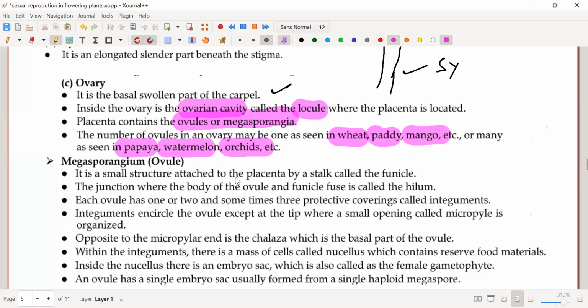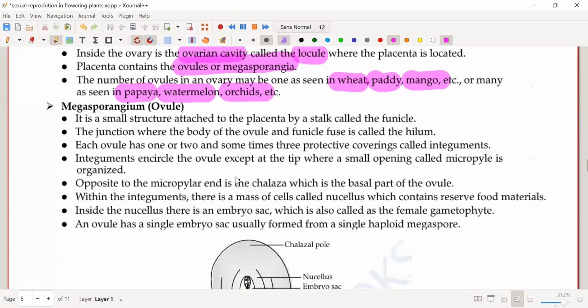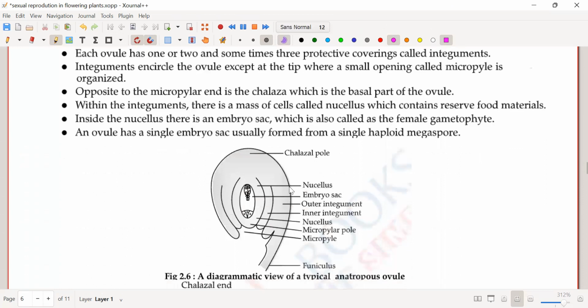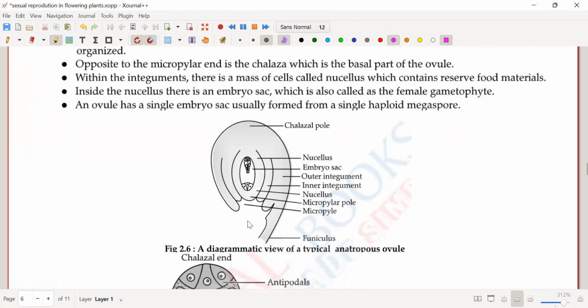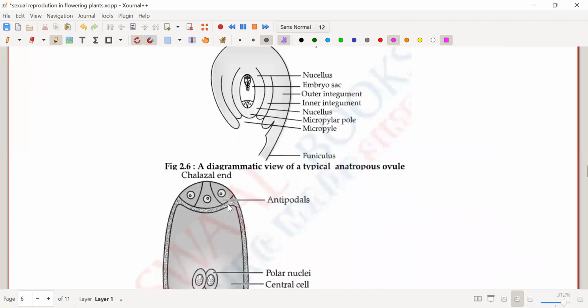What is a megasporangium? See a view of a typical ovule. Chalazal end, nucellus, embryo sac, outer integument, inner integument, micropyle. Here the pollen tube will connect.